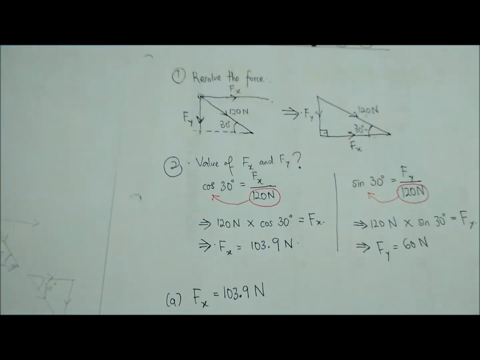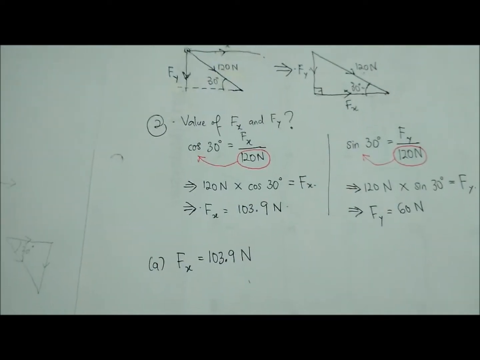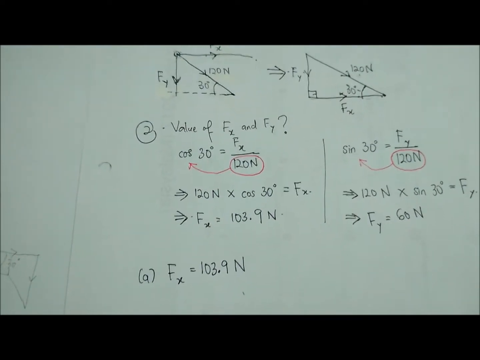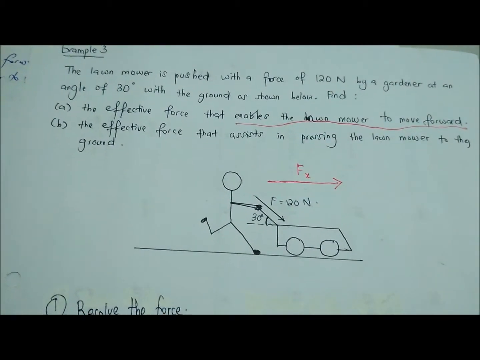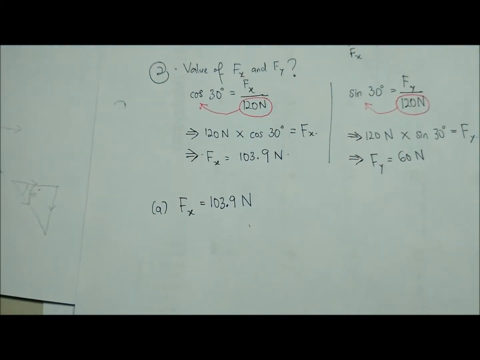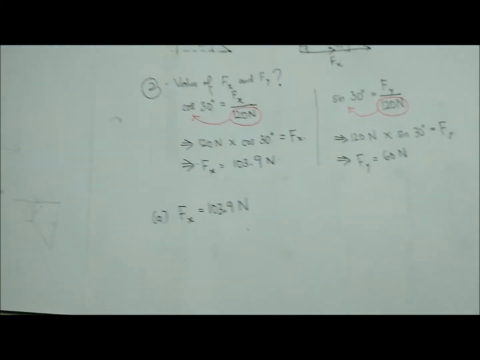So that is the answer. Fx is the effective force that enables the lawnmower to move forward. In this case, the answer is 103.9 Newton.